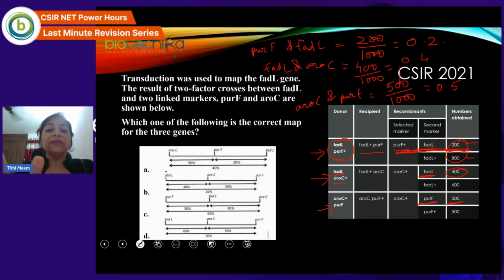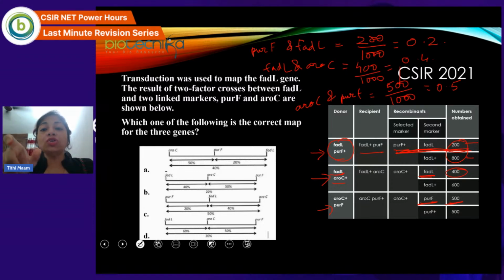Now we have to apply the concept that co-transduction frequency is inversely proportional to the distance between the genes. If the co-transduction frequency is high, the distance between the genes is small. If the co-transduction frequency is low, the distance between the genes is high.